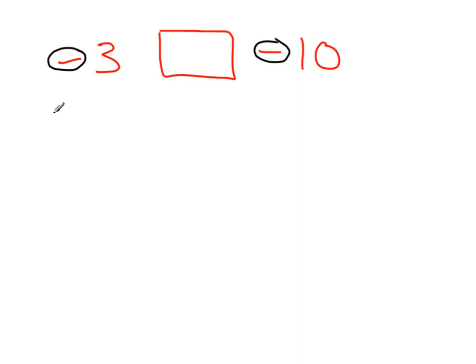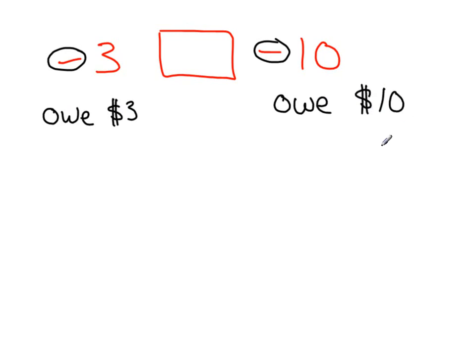Would you rather owe $3? Or would you rather owe, and that means like you're in debt, $10? I would rather owe $3 because technically I have more than when I would owe $10. So -3 is much bigger than -10.